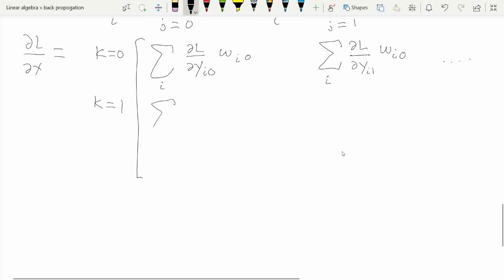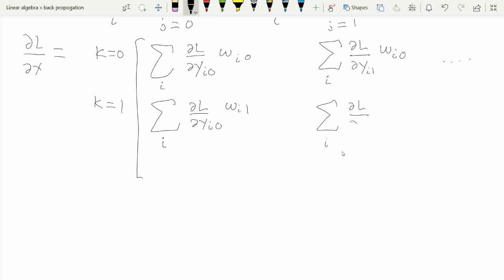This is the sum over i of del L by del y_i0 w_i1, and then the sum over i of del L by del y_i1 w_i1.